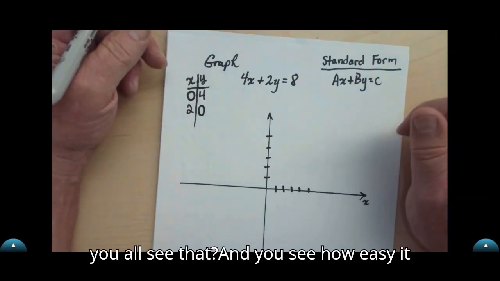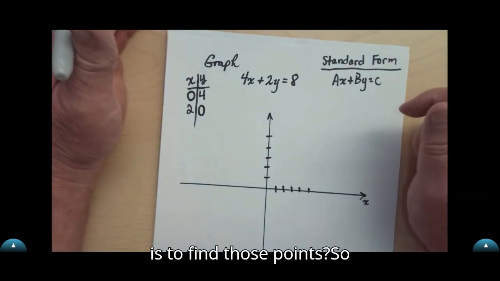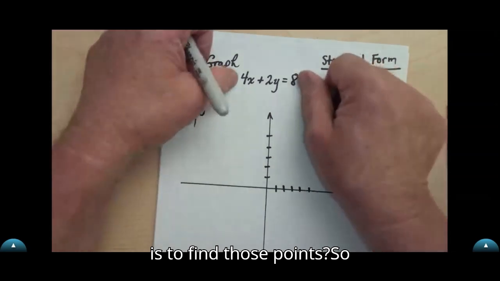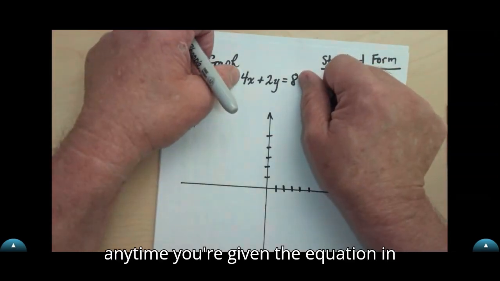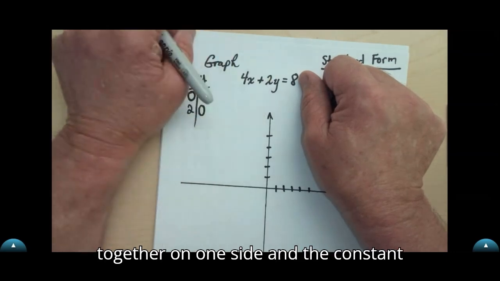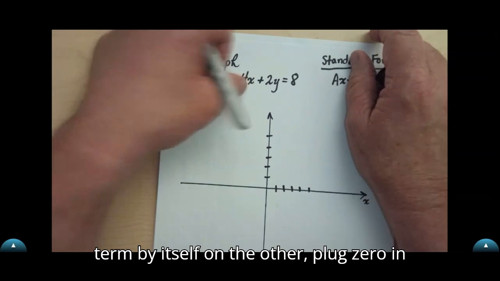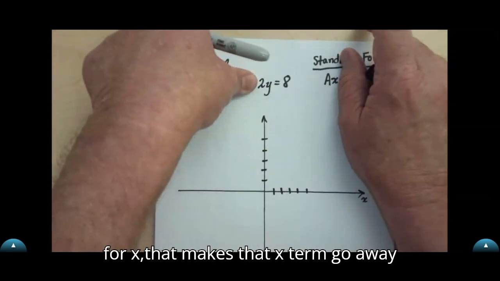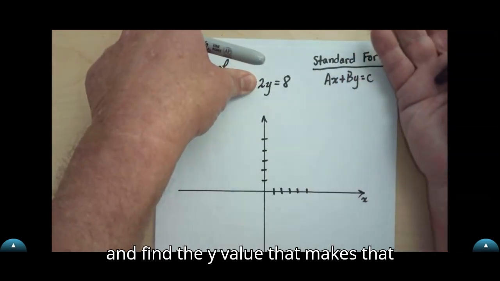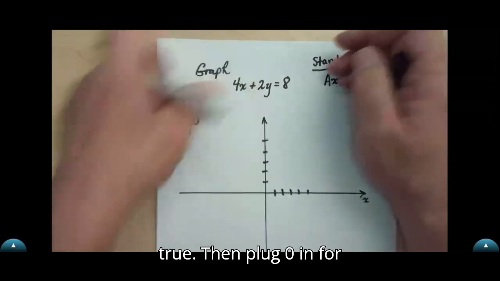Do y'all see that? And you see how easy it is to find those points? So anytime you're given the equation in standard form, where your x and y are together on one side and the constant term by itself on the other, plug 0 in for x. That makes that x term go away, and find the y value that makes that true.